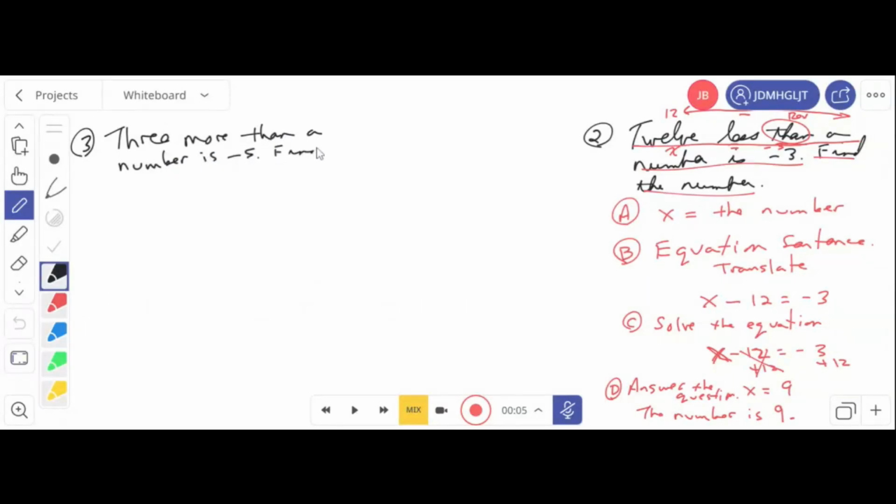Find the number." 3 more than a number is -5. Find the number.